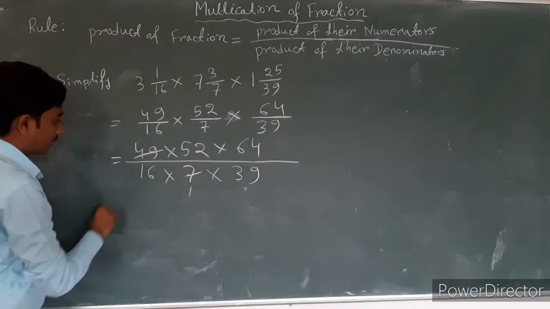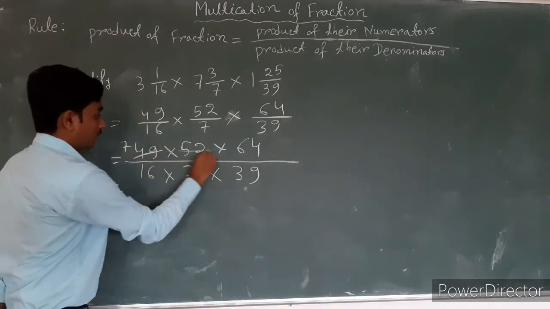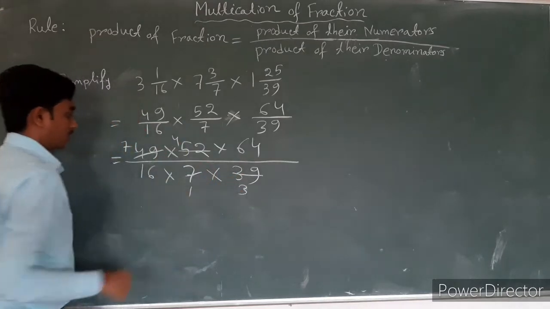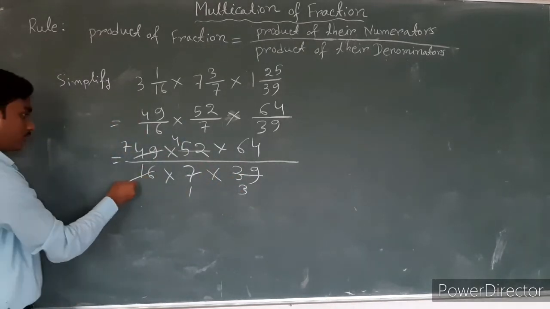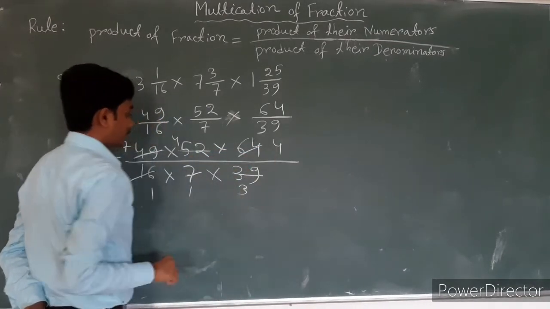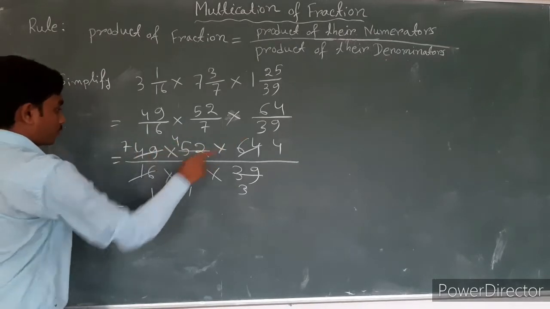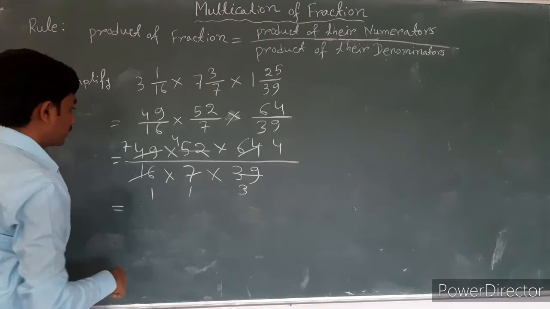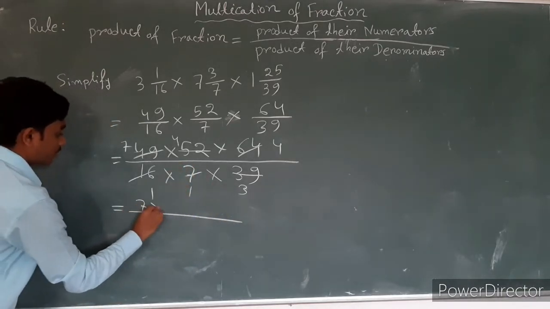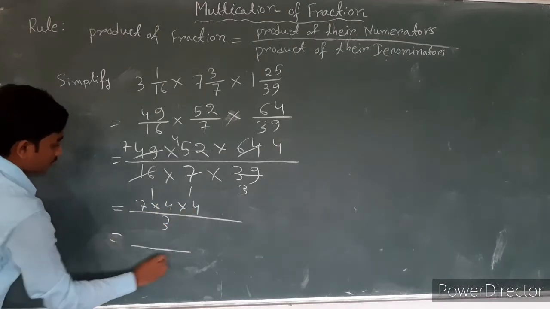So 7 ones are 7, 7 sevens are 49. 13 fours are 52, 13 threes are 39. 16 ones are 16, 16 fours are 64. So 7 into 4 into 4 upon 3.